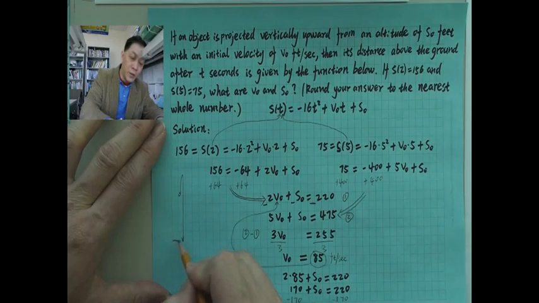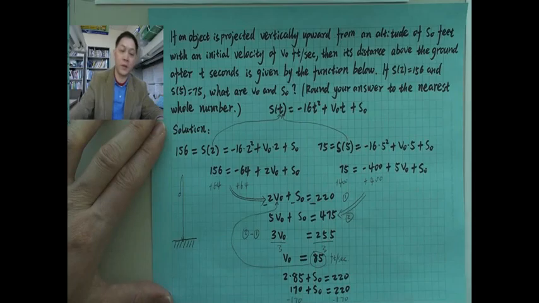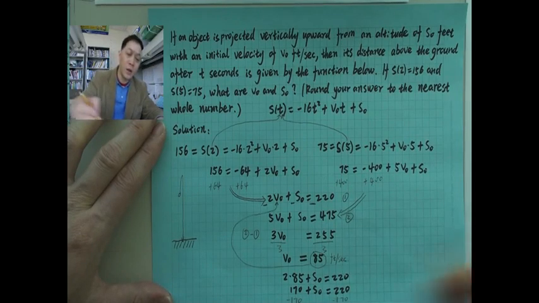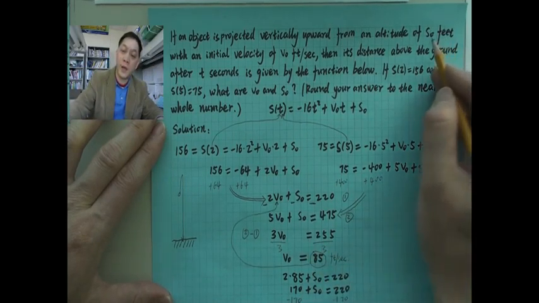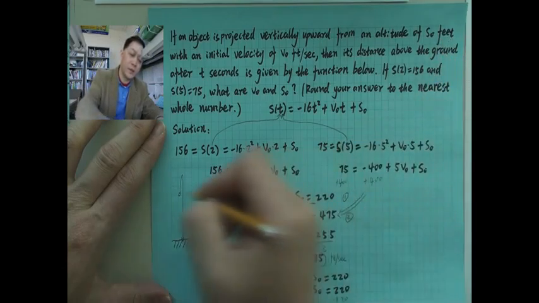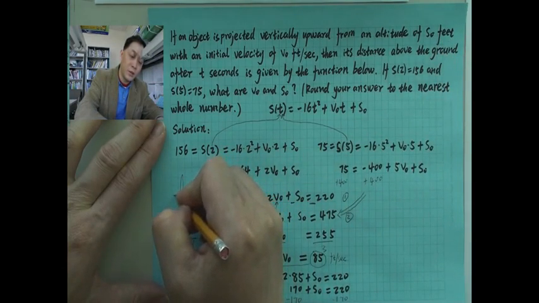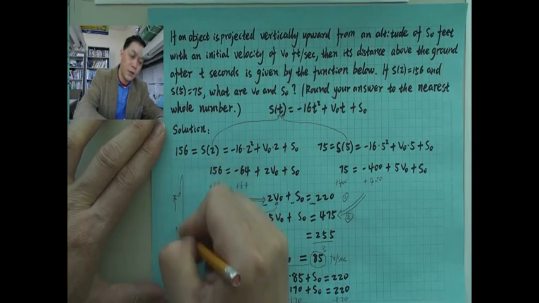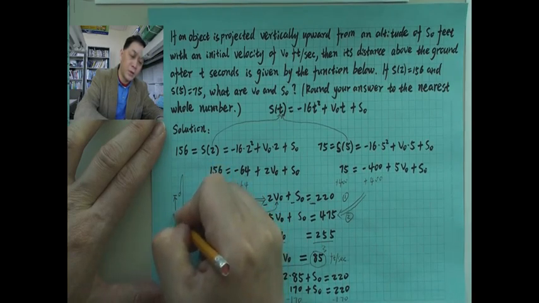Let's say this is the ground. So what's the meaning for s sub 0 feet? You see, this would be s sub 0.